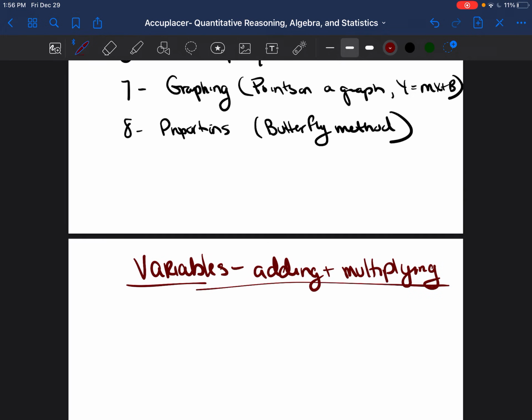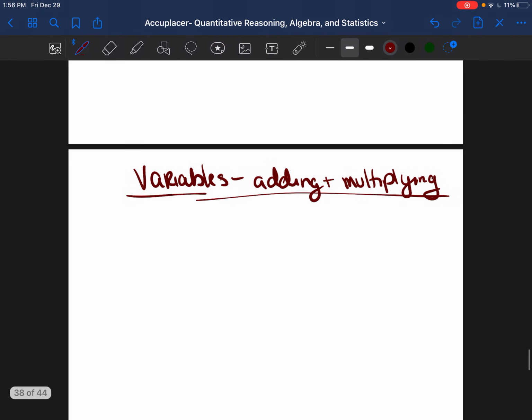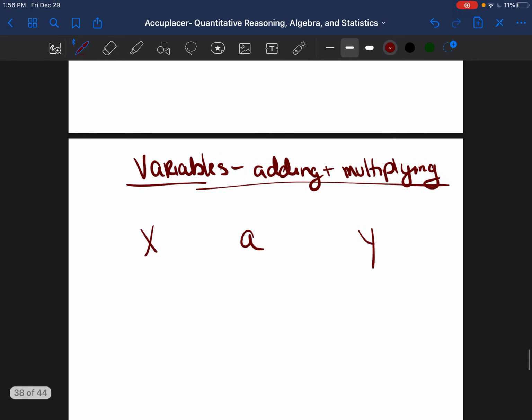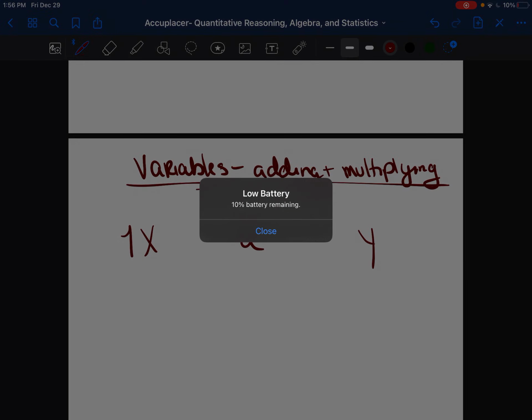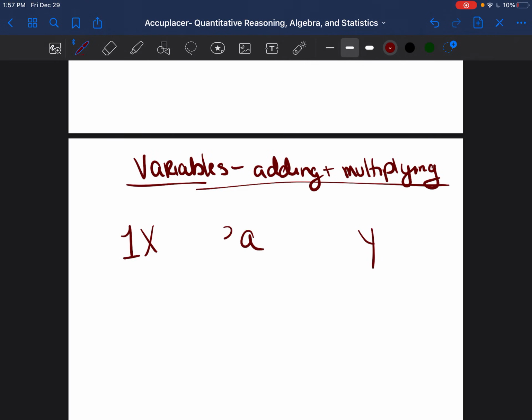Okay, so variables are just letters that you see in math. So if you see X, A, Y in an equation, those are all variables. So again, variables are any letters that you see. But sometimes you'll see them with a number in front of them, like 1, 3, or 4. The number in front of them is called the coefficient.